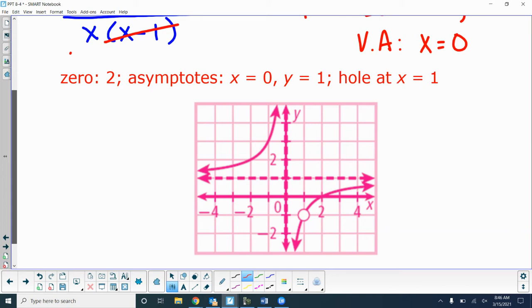Vertical asymptote at 0, the y-axis. And your hyperbola, your two pieces. It's a discontinuous graph, right? Because there's a break in them. So that was everything in that problem that we talked about on Friday.